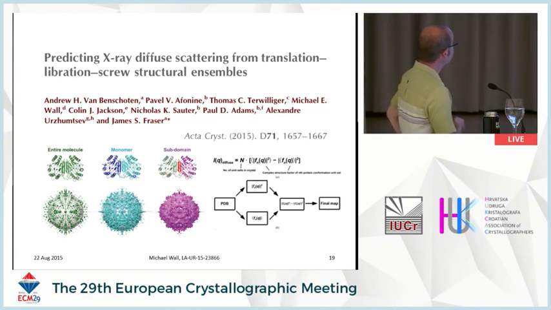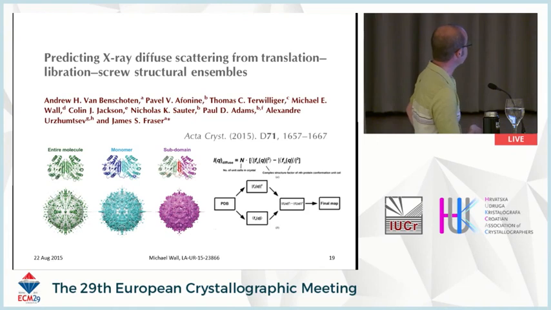So Andrew Van Benschoten in James Fraser's lab has been interested in picking up this problem and has recently taken this equation and applied it within Phenix, in a method called phenix.diffuse that's now available.